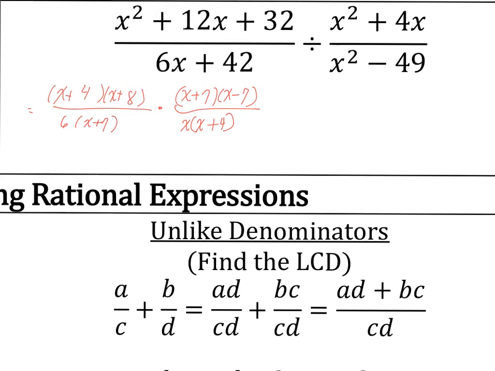So I factored everything, and now I'm ready to cancel. I have x plus 4, x plus 7 can be canceled, and then whatever binomials are left are your factors. Just have to put them together. Okay, just don't forget any of these, okay? 6x for the denominator and x plus 8 times x minus 7 for the numerator.